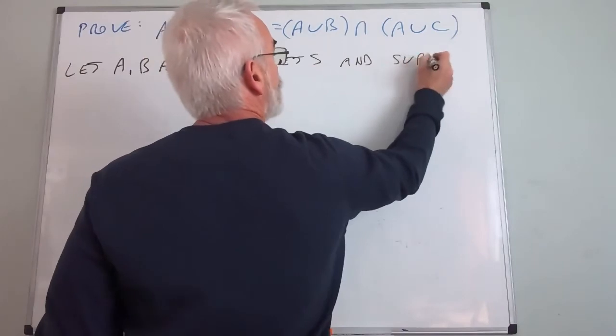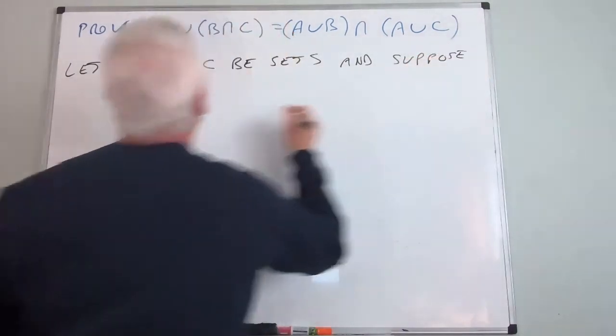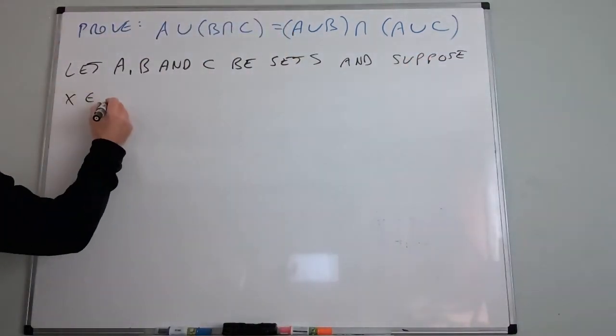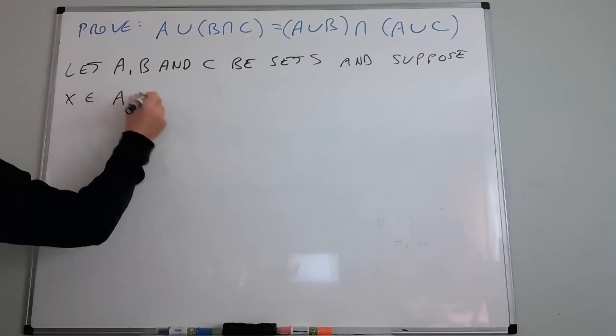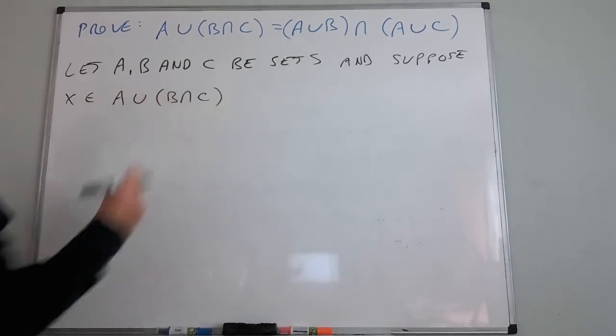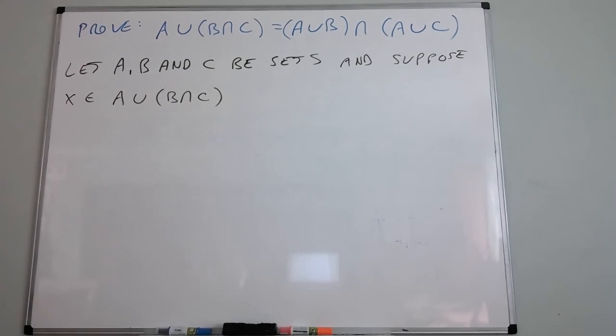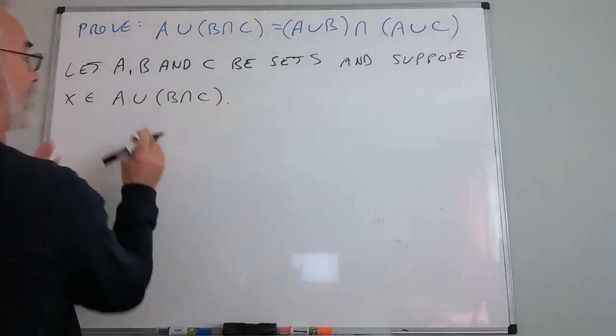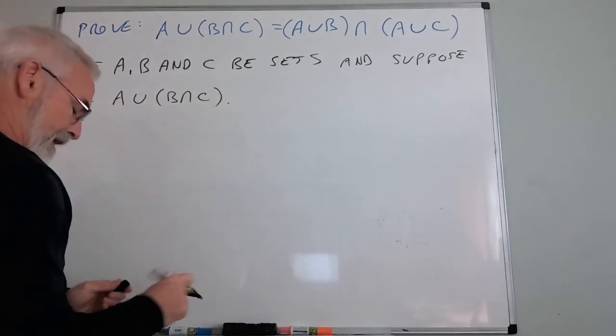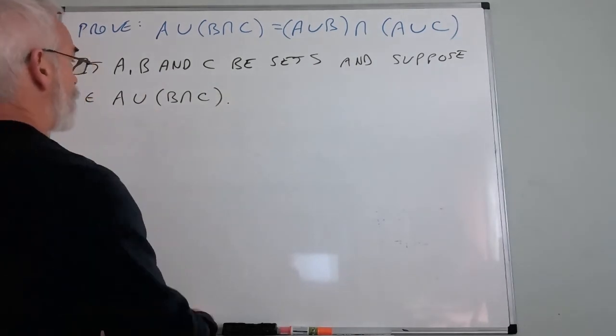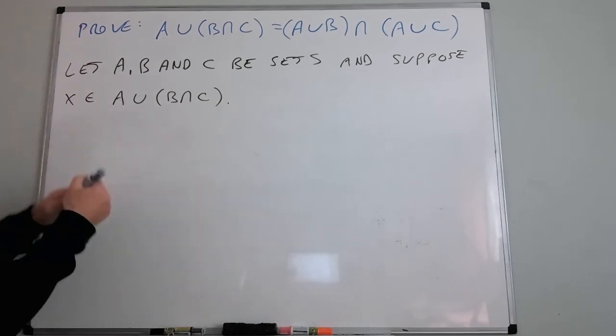And suppose that X is in A union B intersect C. Okay. Now, that's it. I haven't done anything yet, but this is my supposition. So now, if X is in the union, that means X has got to be in one of them.